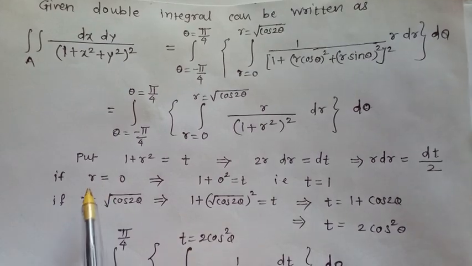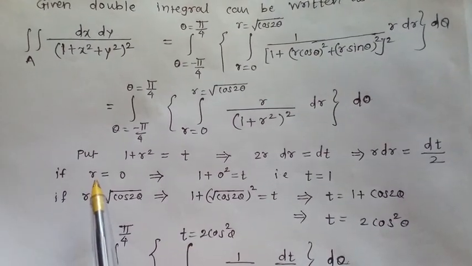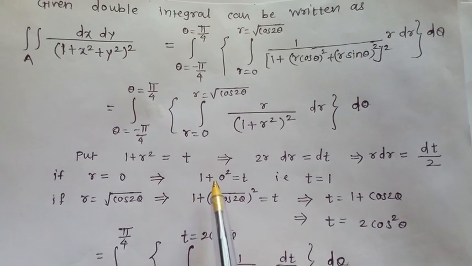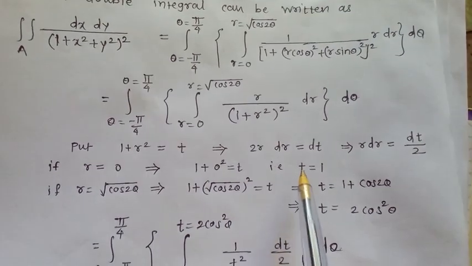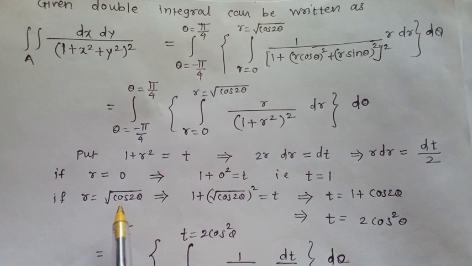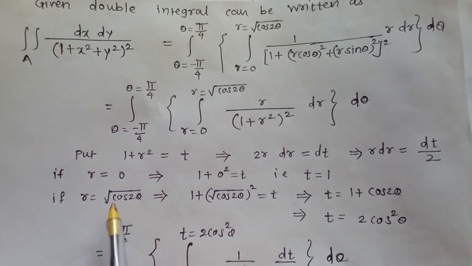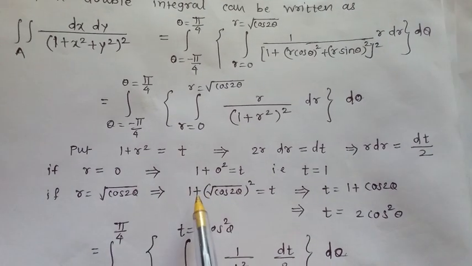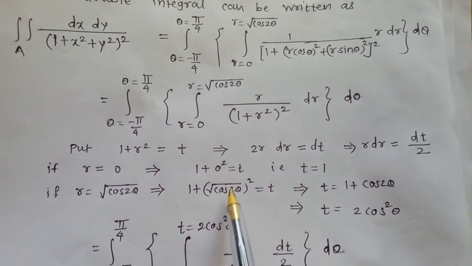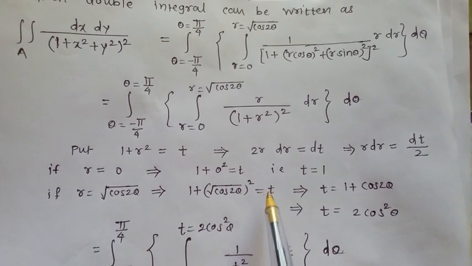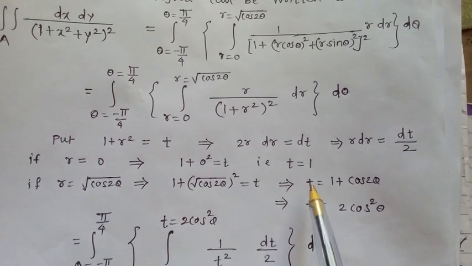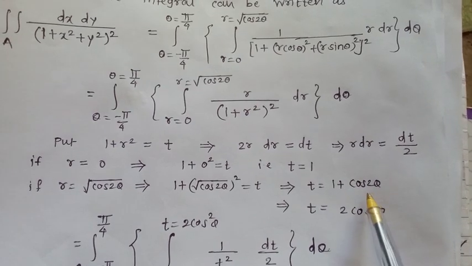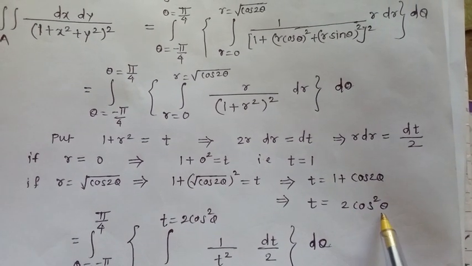Also we have to change the limits. If I put r equals 0 in that equation, we get 1 plus 0 square equals t, that is t equals 1. Similarly, if I put the upper limit r equals square root of cos 2 theta, we get 1 plus (square root of cos 2 theta) square equals t, which can be written as t equals 1 plus cos 2 theta, and the formula for 1 plus cos 2 theta is 2 cos square theta.